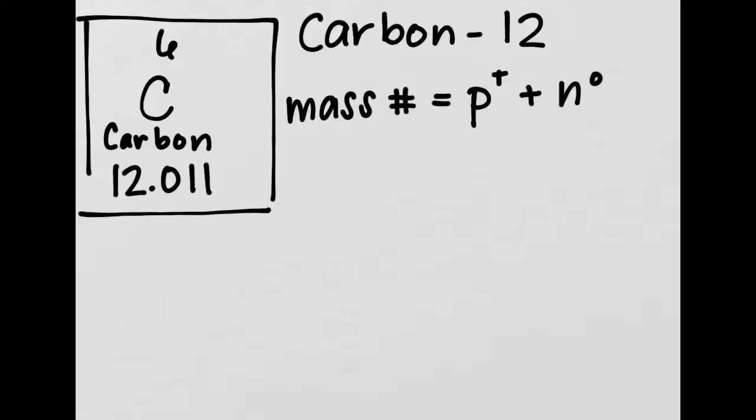Remember from my previous video that the number of protons is always going to be equal to my atomic number. And I have the mass number from the name of the isotope. Carbon-12 tells me that my mass number for this isotope is 12. All right, to solve for the number of neutrons that I have, all I have to do is solve for n.